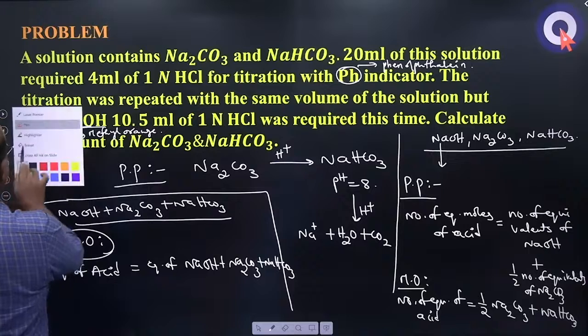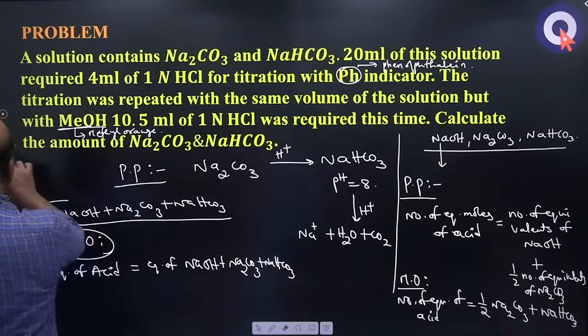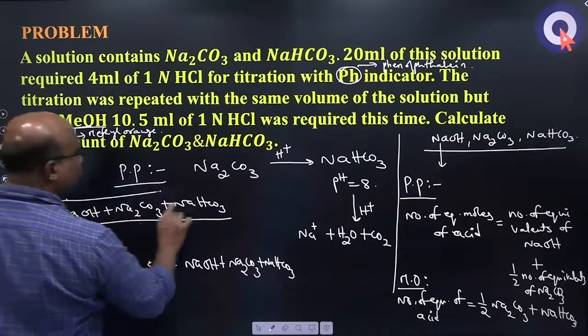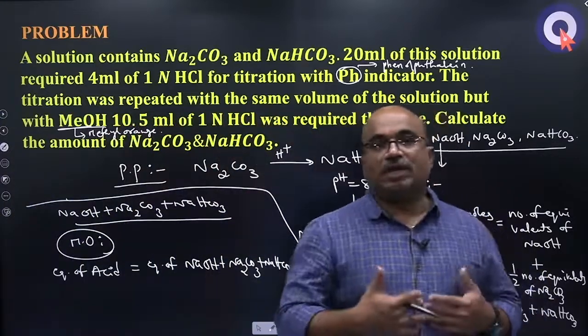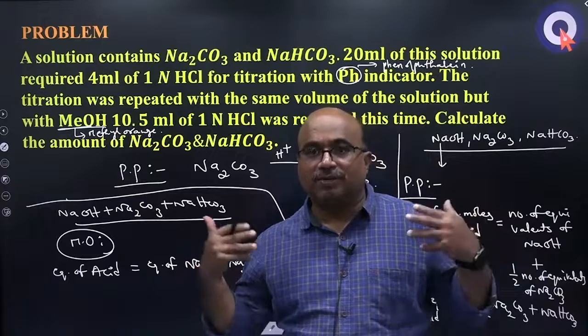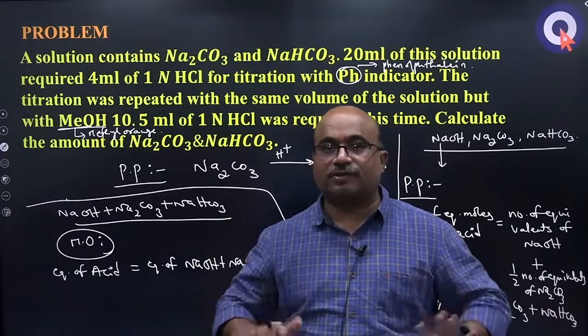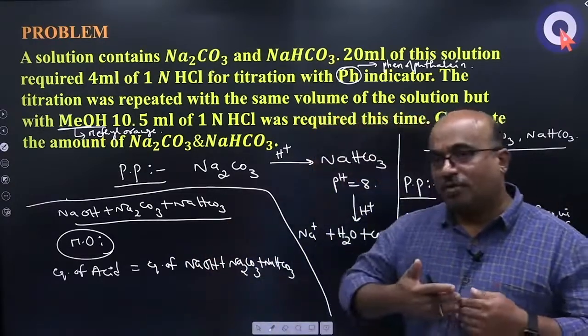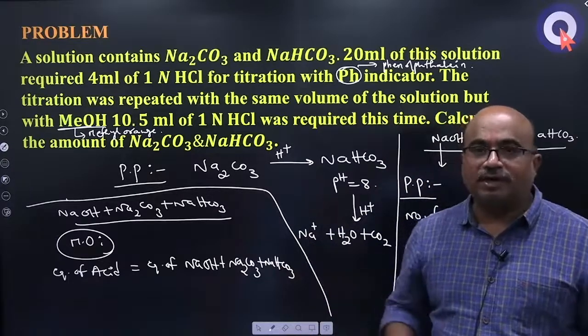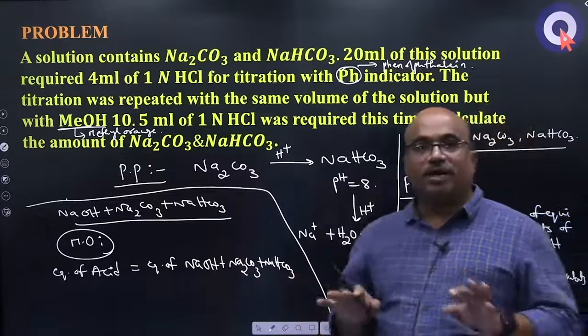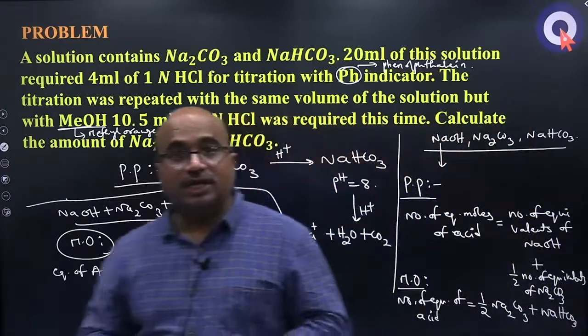Clear? All has to be neutralized until you don't see the color change, because methyl orange works around the 3.5 to 5.5 range. So when it becomes around 3.5, all the bases like sodium hydroxide, sodium carbonate, sodium bicarbonate get neutralized.